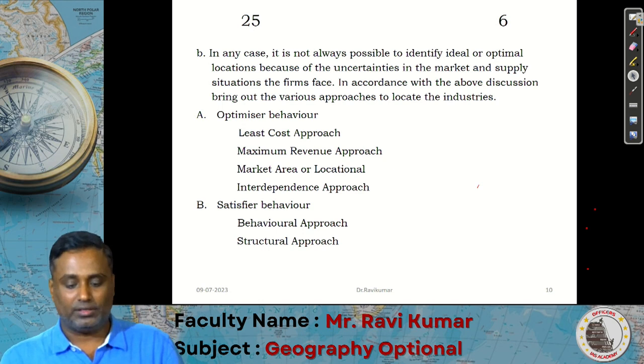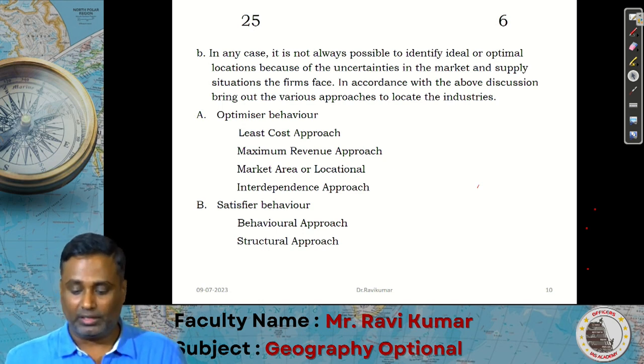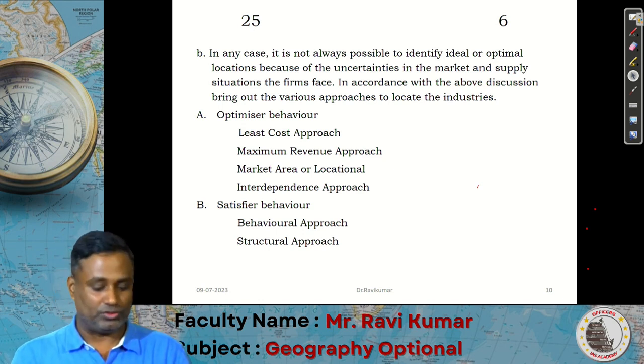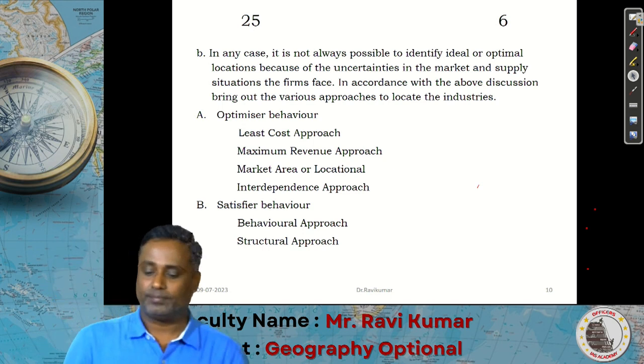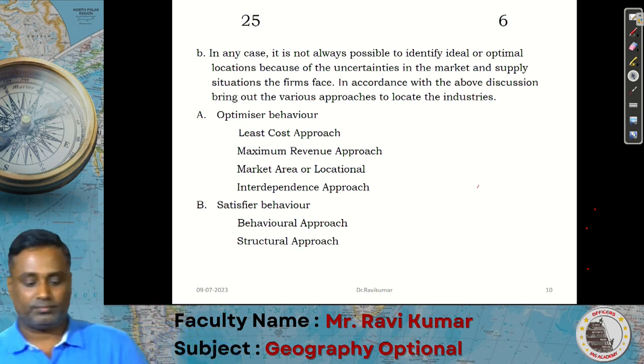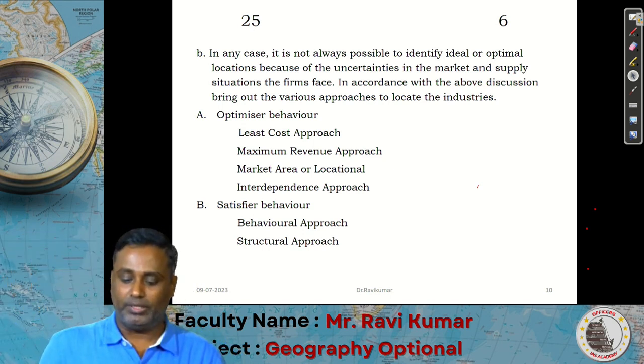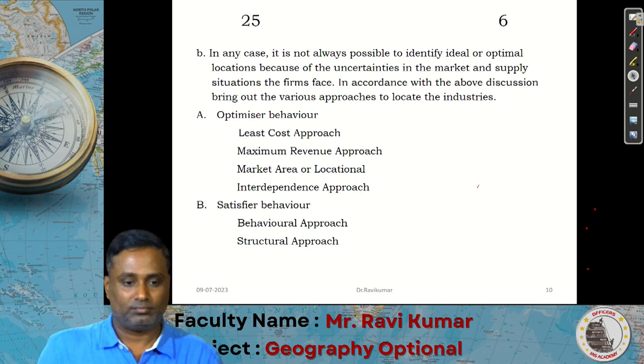In any case, it is not always possible to identify ideal or optimal locations because of the uncertainties in the market and supply situations the firms face. In accordance with the above discussion, bring out the various approaches to locate the industries. Okay, now what kind of question is it?